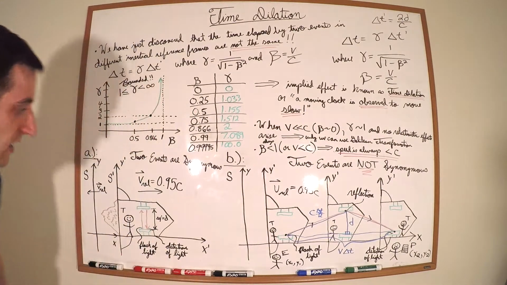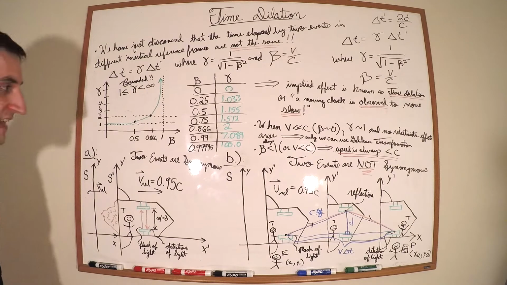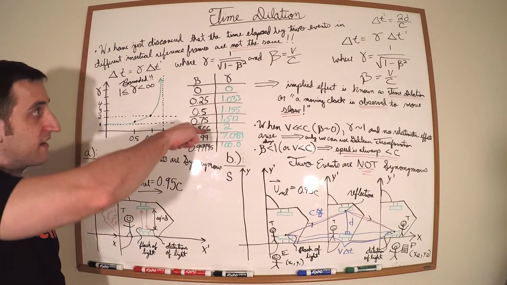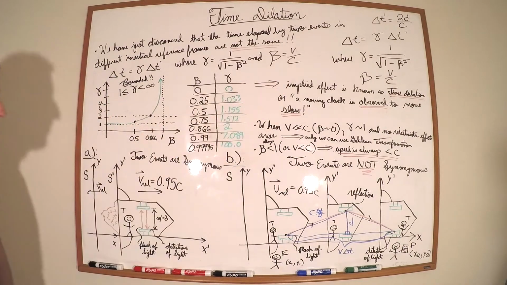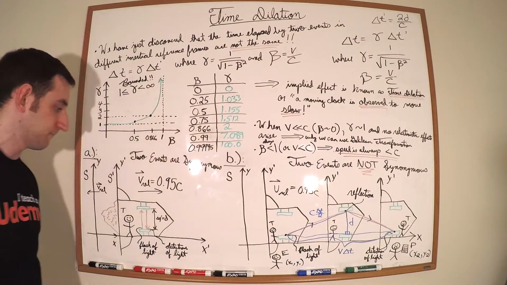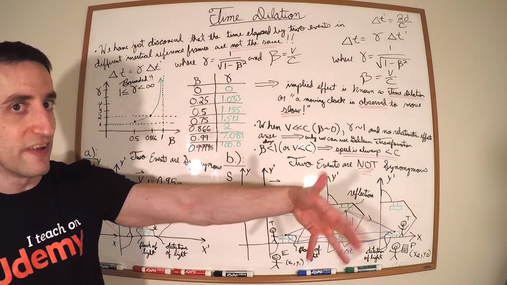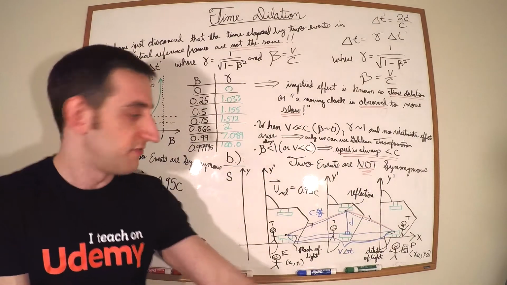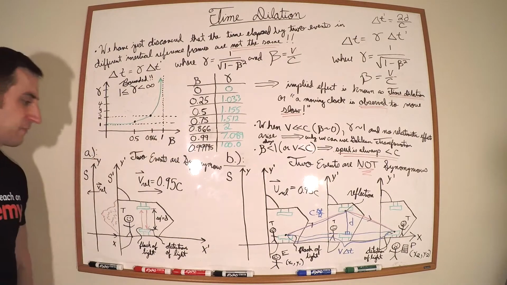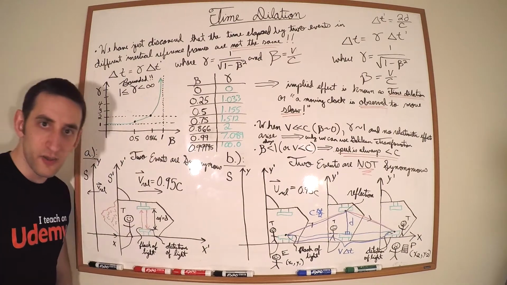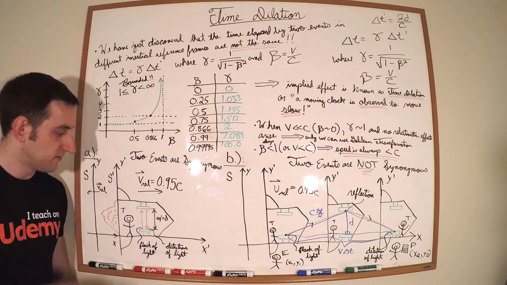Let's observe that. Let's say that Terence is going at 0.866 times the speed of light, so we get a beta of 0.866. That's why beta is so useful, because we don't have to deal with c's. We just get this relative factor. And Terence says, hey, this took 10 minutes to happen.